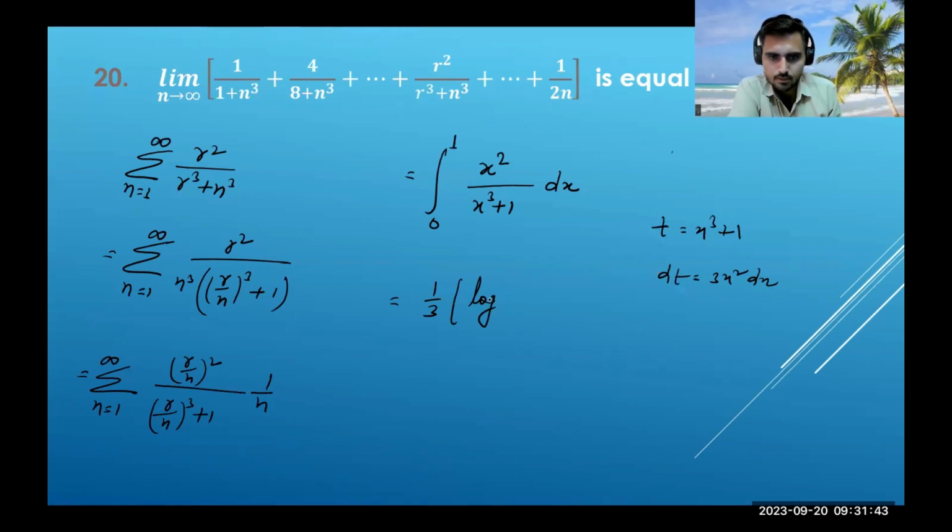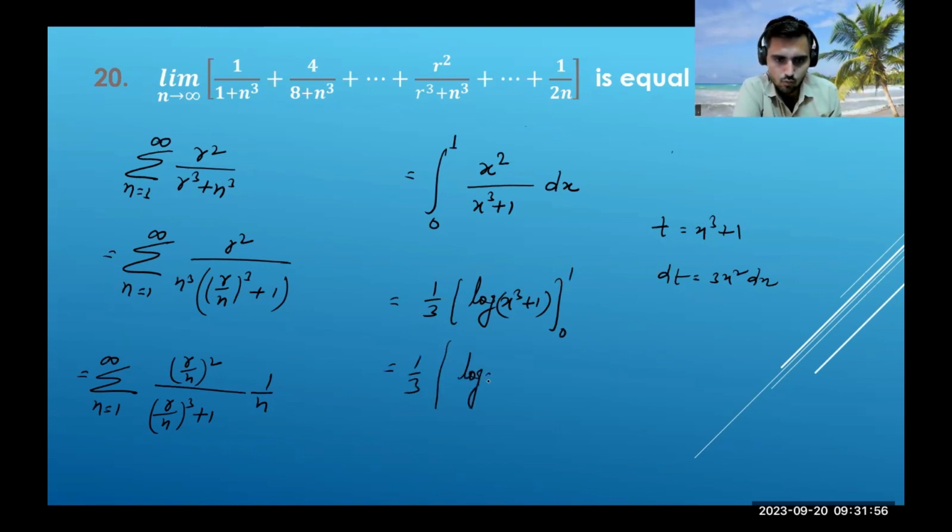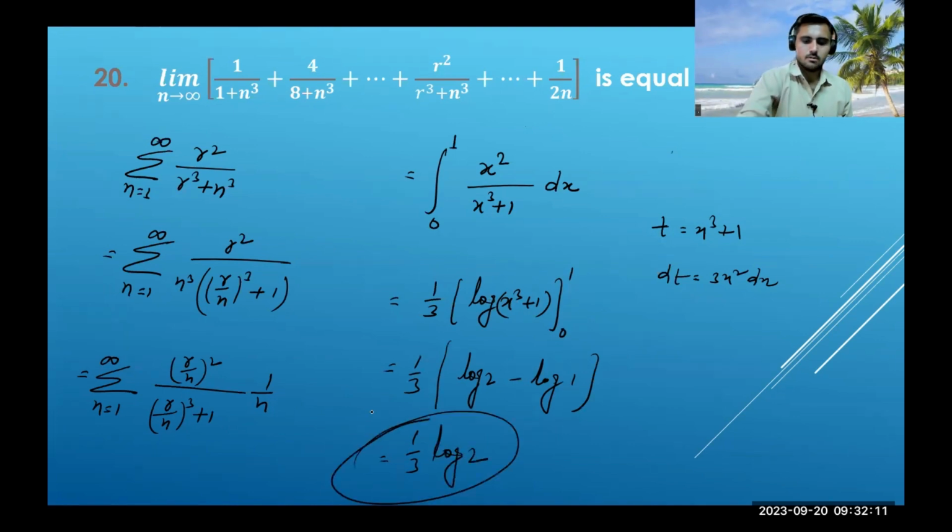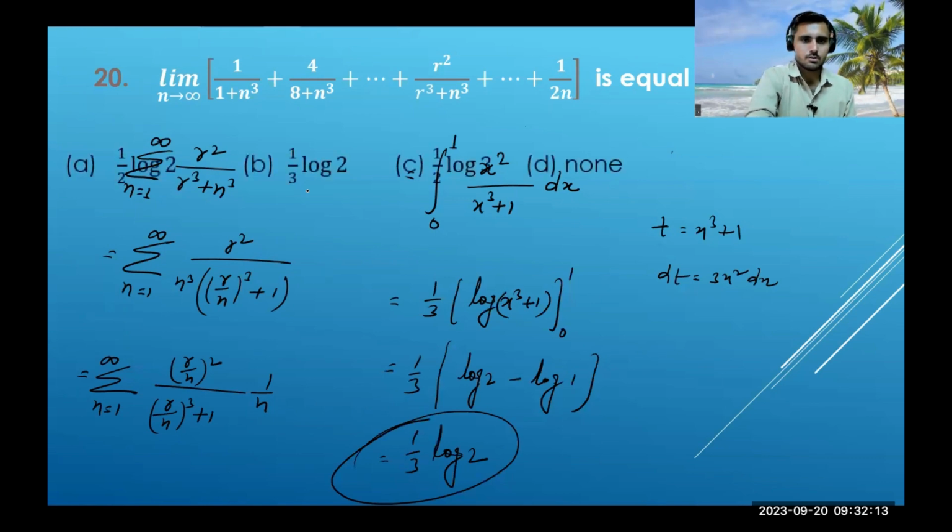Log t, and the value of t is x cube plus 1, and limit 0 to 1. So now we put the upper limit and lower limit. It will become log 2 minus, when we put limit 0, log 1. You know the value of log 1 is 0. So ultimately we have 1 by 3 log 2. That's the answer.